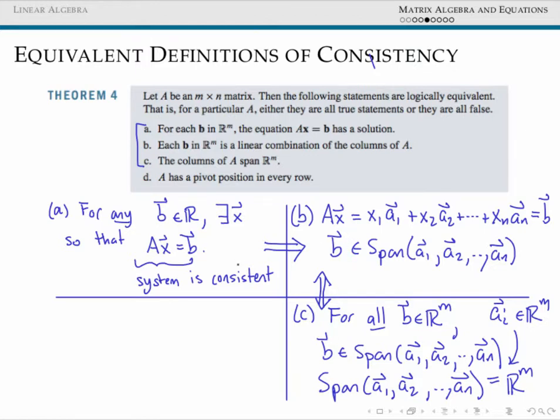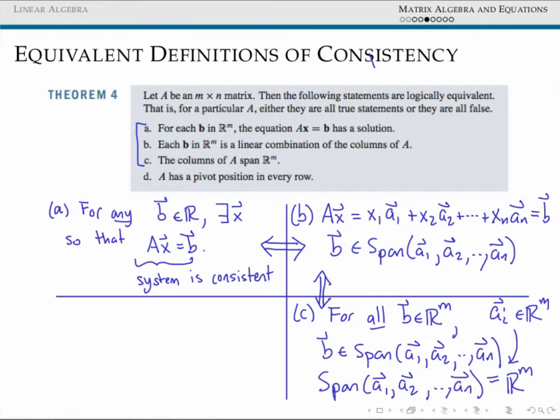Same with going from B to A. If we look really closely here, since for every b that we choose, b is inside the span, by definition that means that there exist some x1, x2 through xn, so that this linear combination with these particular coefficients is equal to b. So by the definition of this vector multiplication and by the existence of some set of coefficients x1 through xn, we have some solution vector x.